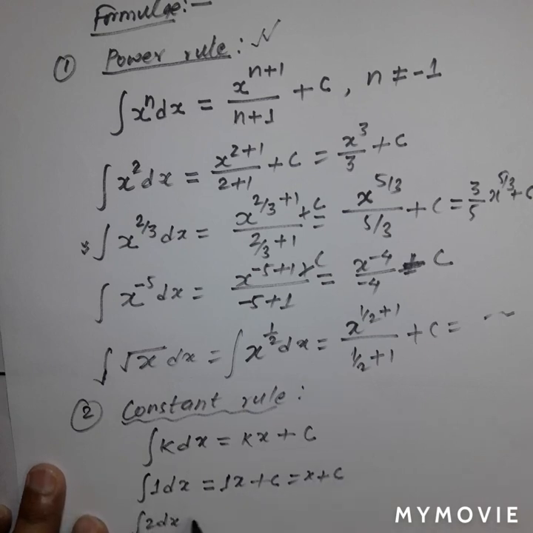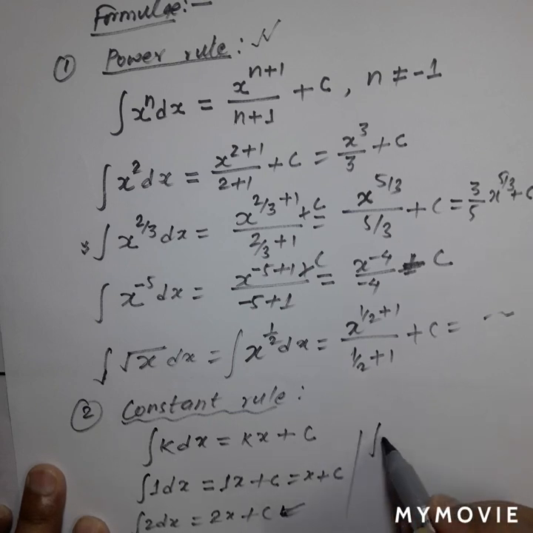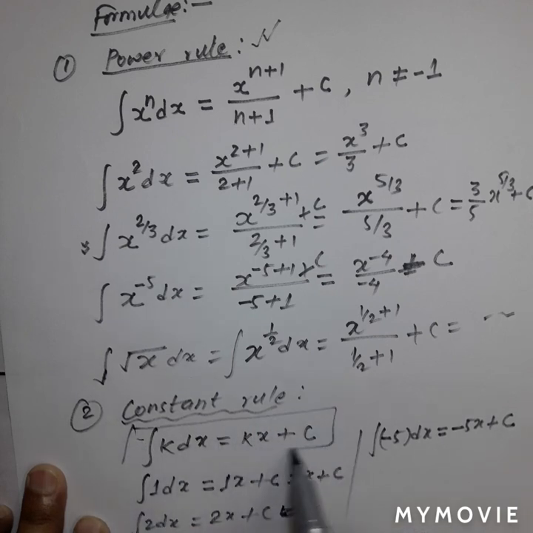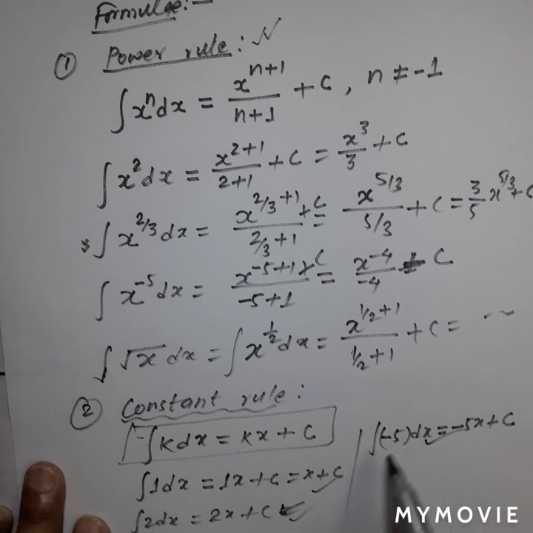The antiderivative of 2 dx is 2x plus c. Similarly, the antiderivative of minus 5 dx is minus 5x plus c, because the rule is kx plus c. So in this way we can find the antiderivative of a constant number.